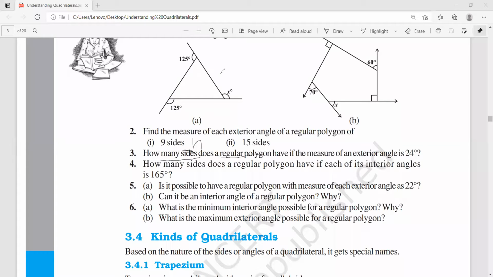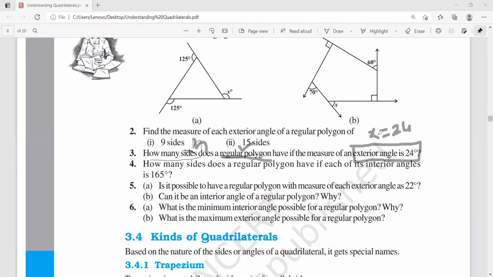If the measure of an exterior angle is 24. By which alphabet do we show the exterior angle? X. So x is equal to 24 is given, and it is a regular polygon, and we have to calculate n.